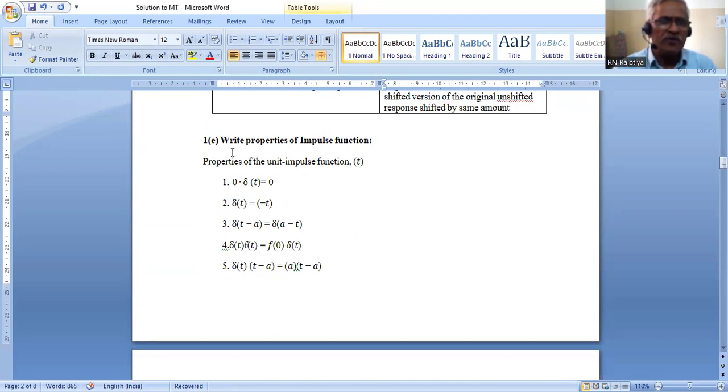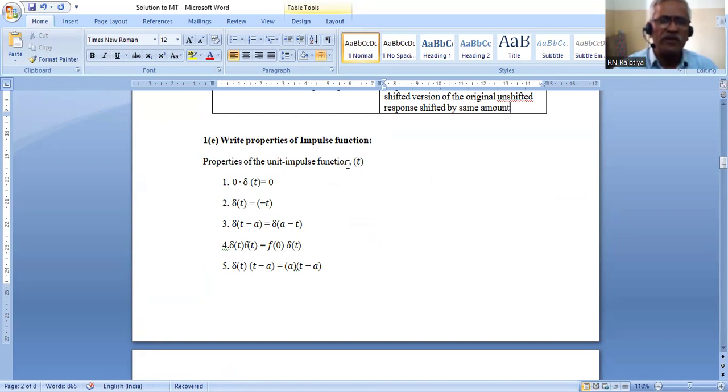Part E of the question is: write the properties of the impulse function. We know what the impulse function is. It gives an output which is just an impulse, a sharp rising pulse at time t = 0.